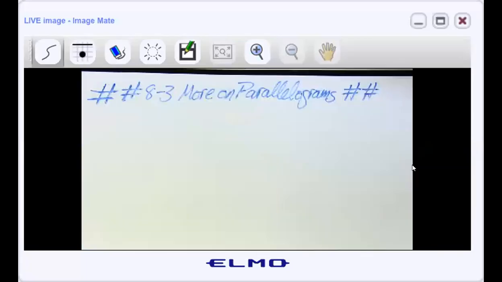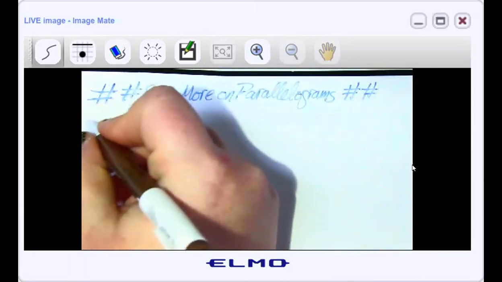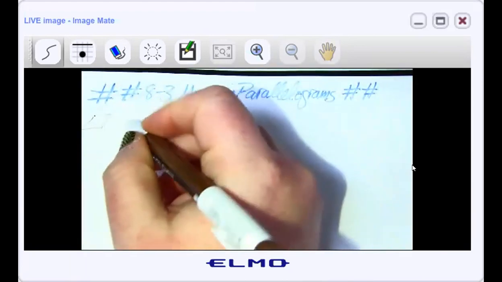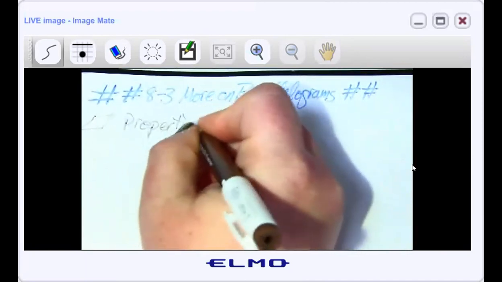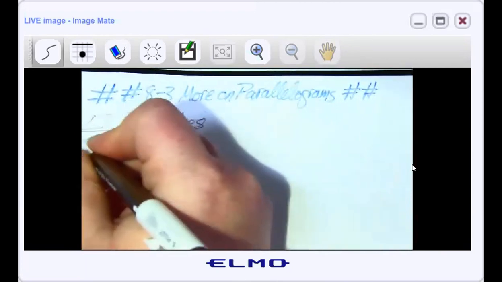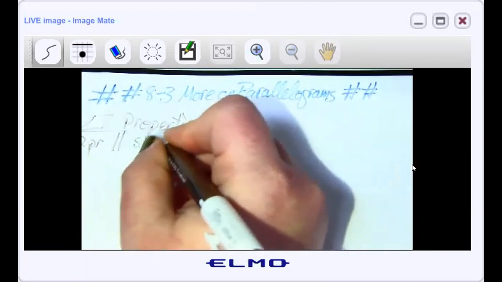So parallelograms, we already know everything that we just talked about them. So I'm just going to list them real quick, just so we have it on one page. If you don't want to rewrite this down, that's okay. Parallelogram properties: you have two pairs of parallel sides.